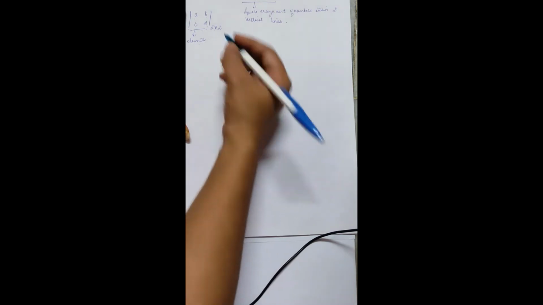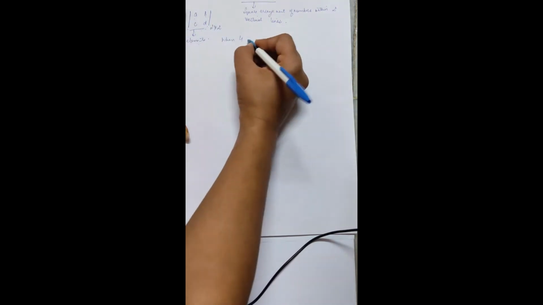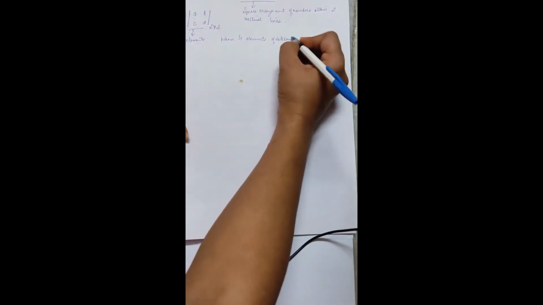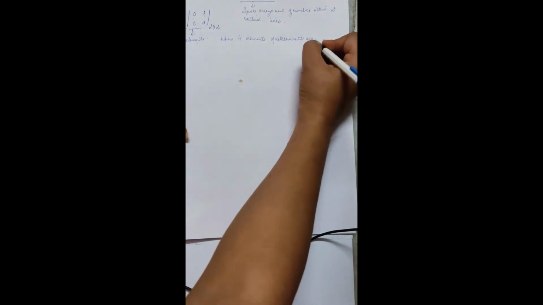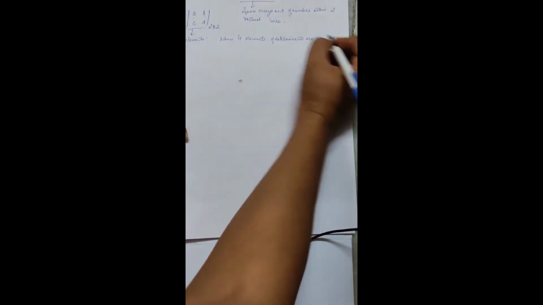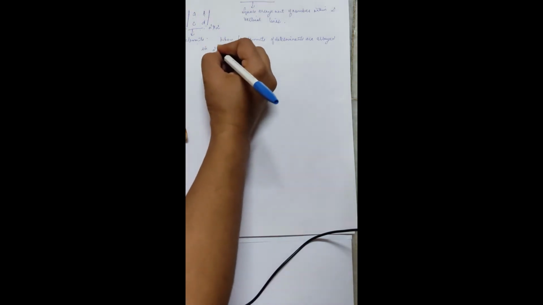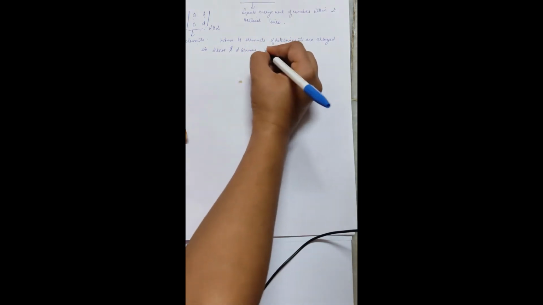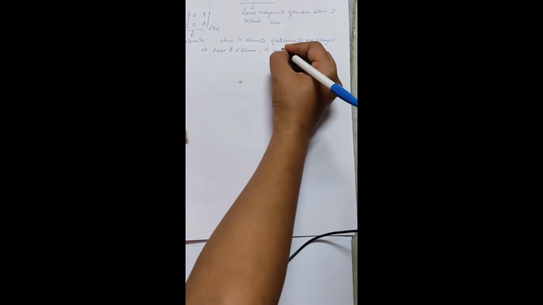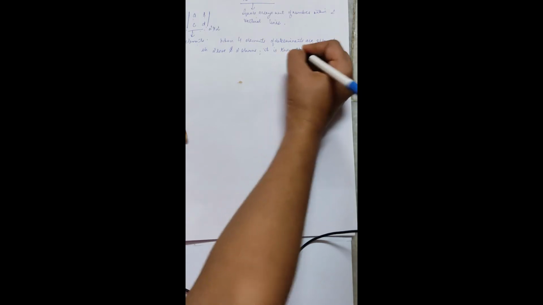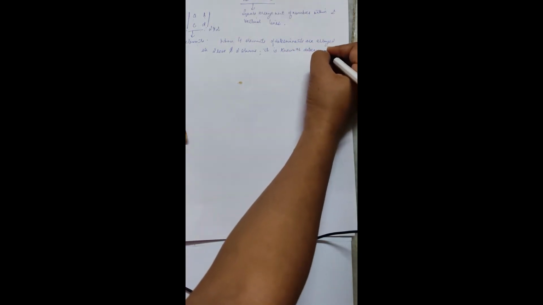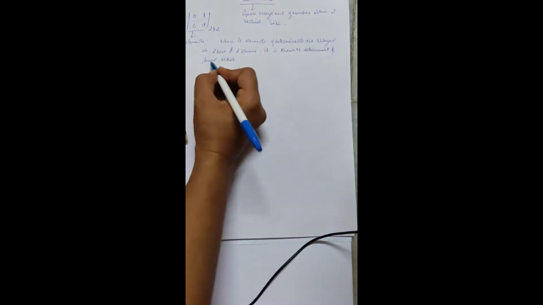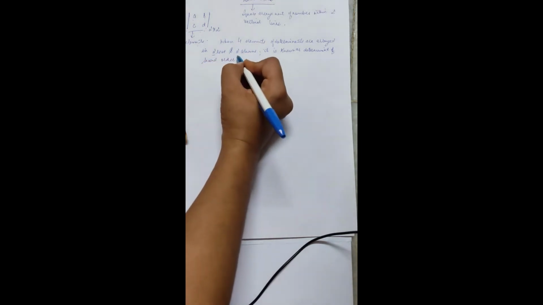Here we have 4 elements, and when 4 elements of a determinant are arranged in 2 rows and 2 columns, we say it is known as a determinant of second order, because we have 2 rows and 2 columns.